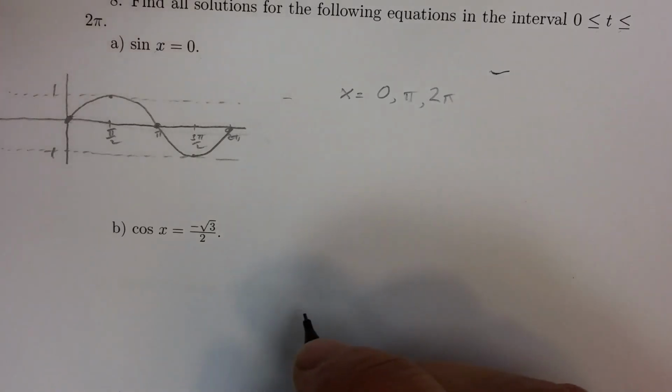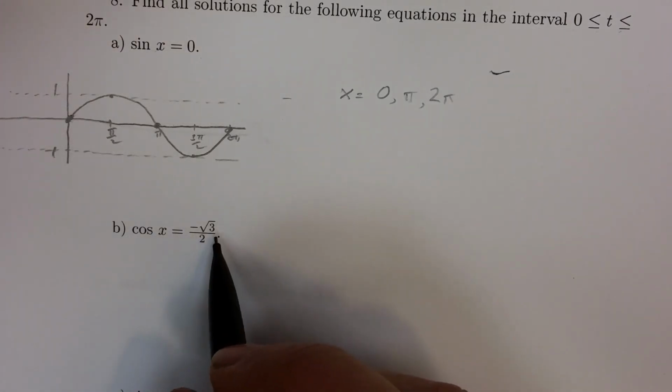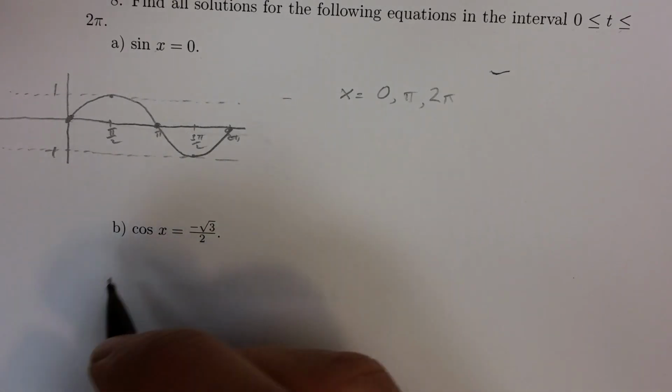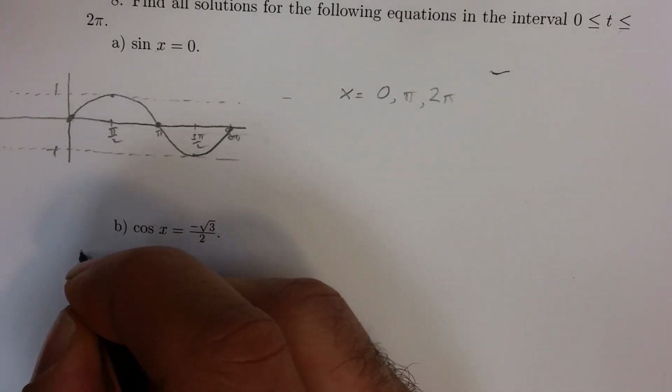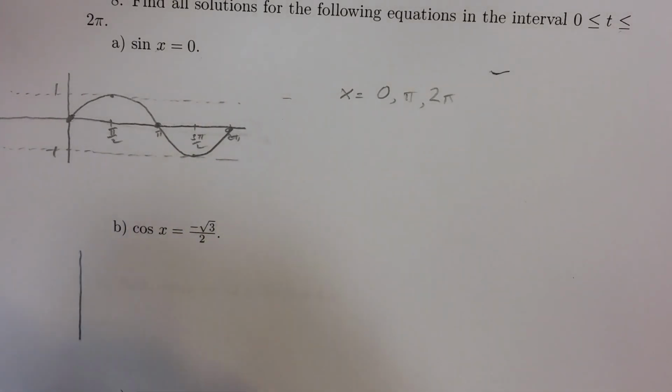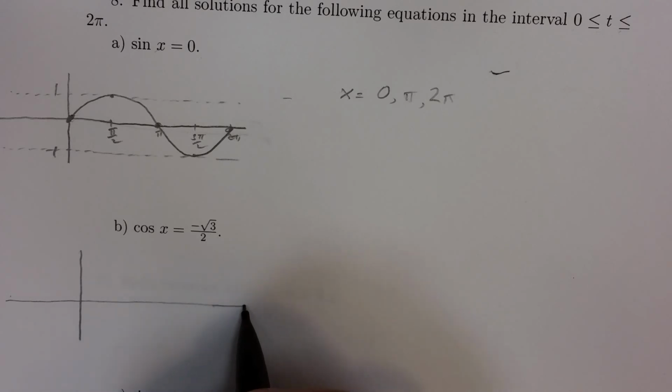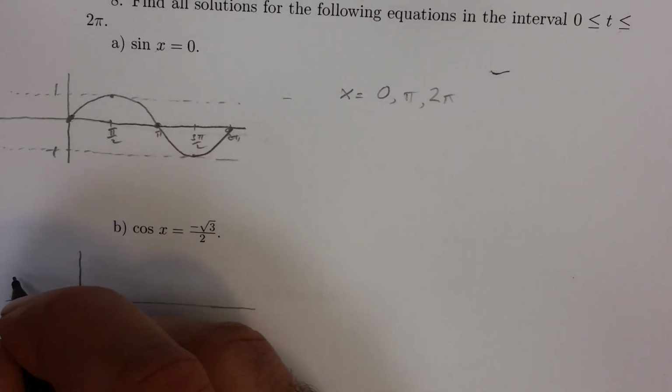Now let's take a look at cosine of x equals minus √3 over 2. So we'll take a look at the cosine curve. This is not the only way of doing this.